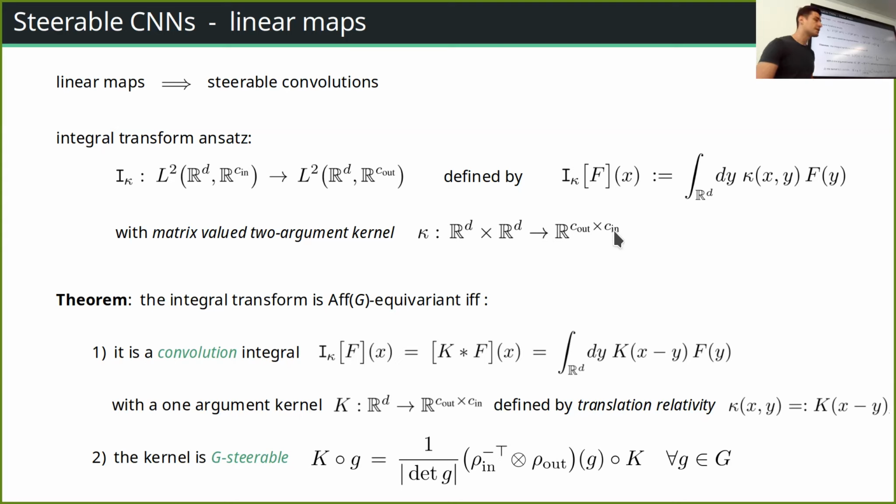And this matrix takes the Cin-dimensional feature vector from point y and gives you a Cout-dimensional output feature vector. And then to get the output at x, you integrate over all y, k of x,y times f of y, which will give you one output feature vector at x.